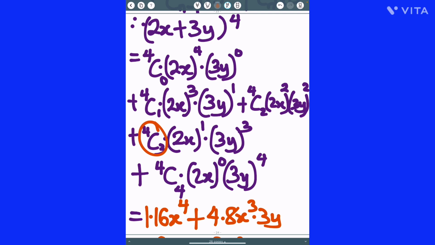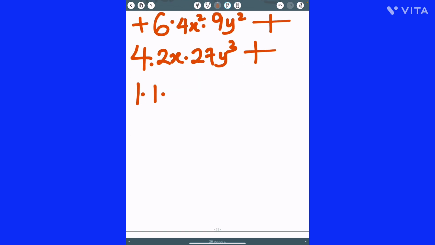So that gives me 1 times 3 raised to power 4 is 81. Everything inside this bracket is raised to power 4. So 3 raised to power 4 is 81. y raised to power 4 is y raised to power 4. So that's 1 times 81y raised to power 4. So all I have to do now is simplify.